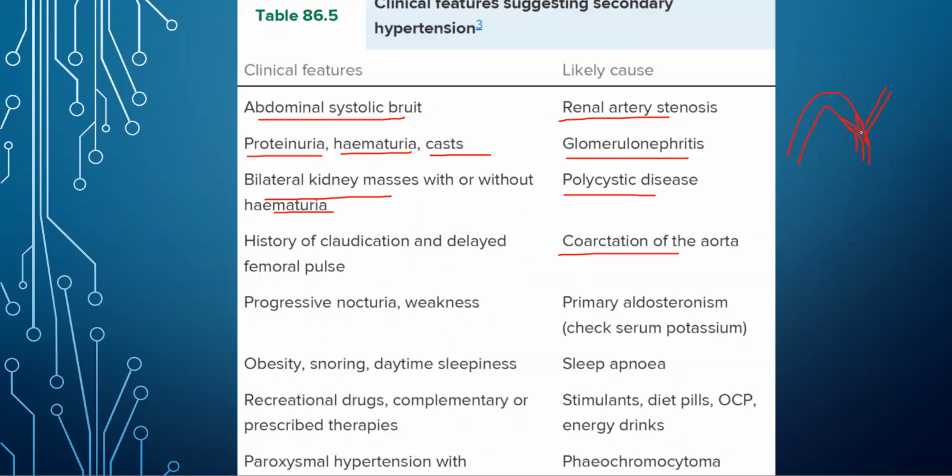Like in here, the aorta gets narrowed, which we call coarctation of aorta. In coarctation of aorta, you will get a delayed femoral pulse, which we call radiofemoral delay. And also you can get a difference of systolic blood pressure in both arms.